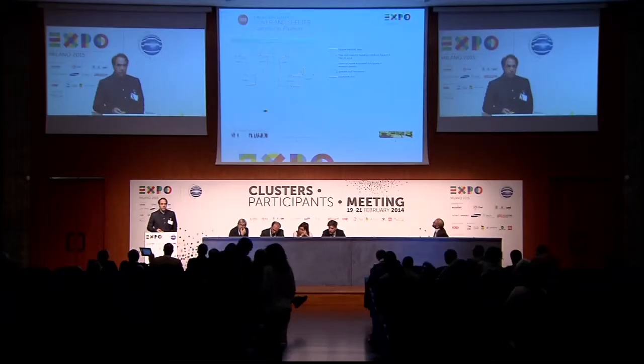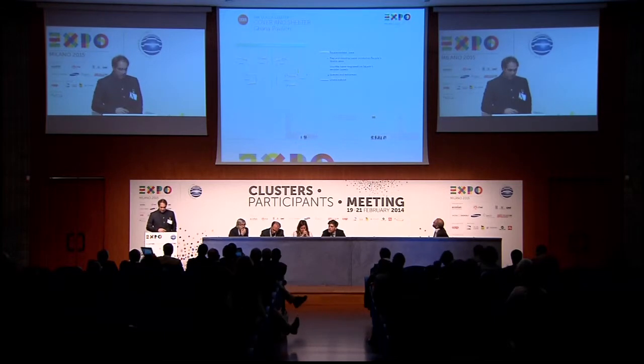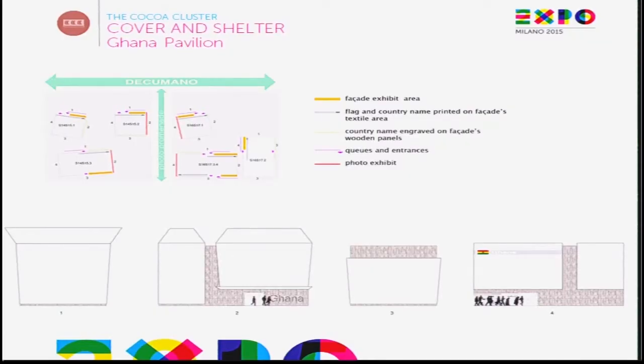We are at your full disposal when we're here. This is the Ghana pavilion, where there's a little difference because the Ghana pavilion itself is associated with another little sort of box for services. So this pavilion has this sort of protuberance. It's a little bit different in terms of size.